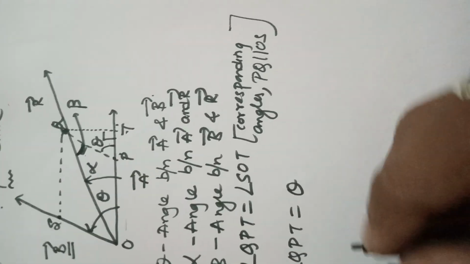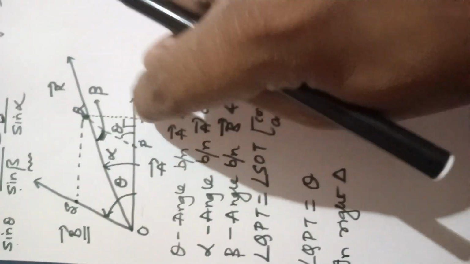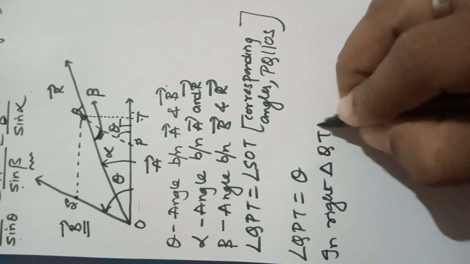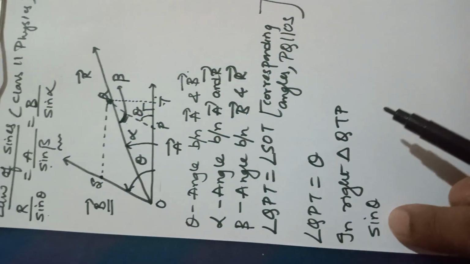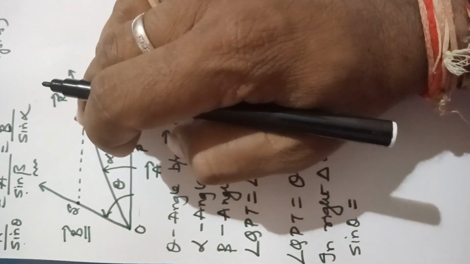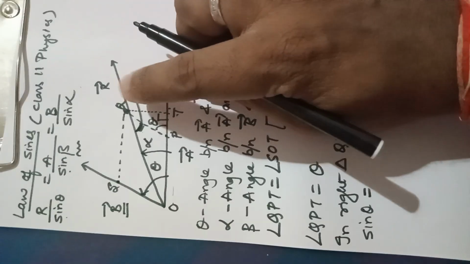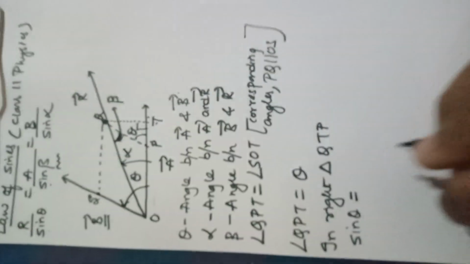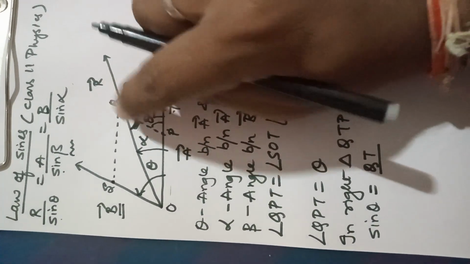In fact, all this was a preparation to derive this. Now let's first consider the right triangle QTP. Let's take sine theta here. In general, sine is opposite by hypotenuse. For this triangle, opposite to this angle theta is QT, by the hypotenuse, which is opposite to this right angle, is QP.